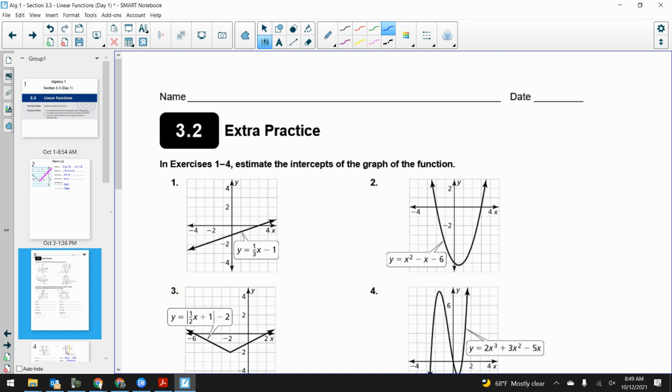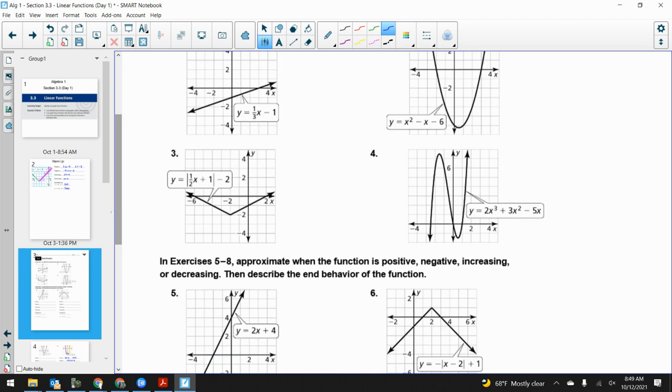Number 4? How many x-intercepts do we see? How many times does it cross the x-axis? 3 times. Once, twice, 3 times. So where are those points? Well, let's list them out.